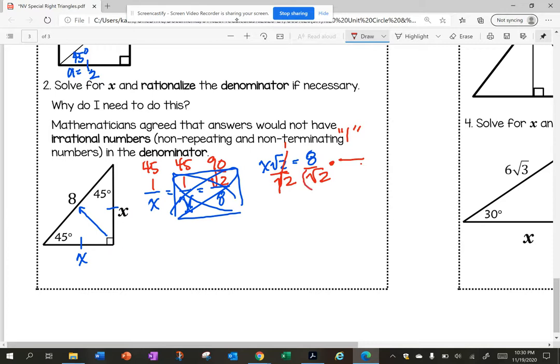So I'm looking at what the denominator looks like. The denominator is the square root of 2. So I'm going to multiply times the square root of 2 over the square root of 2, which is 1. So now I have x equals 8 times the square root of 2 over the square root of 2 times the square root of 2, and the square root of 2 times the square root of 2 is 2. I'm going to simplify, and I get x equals 4 times the square root of 2.